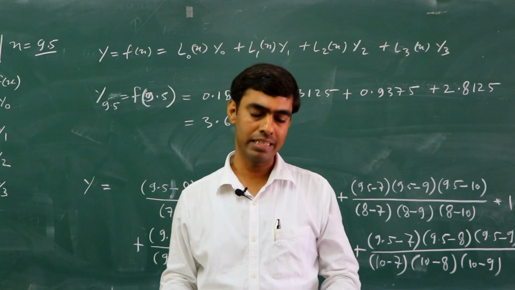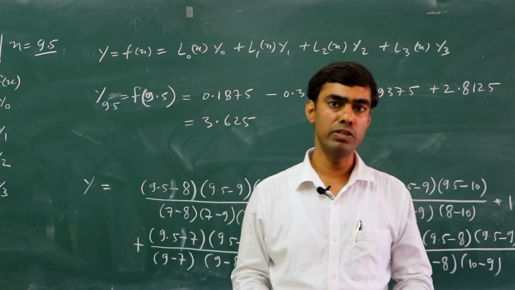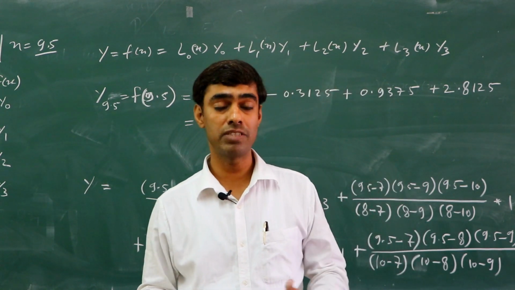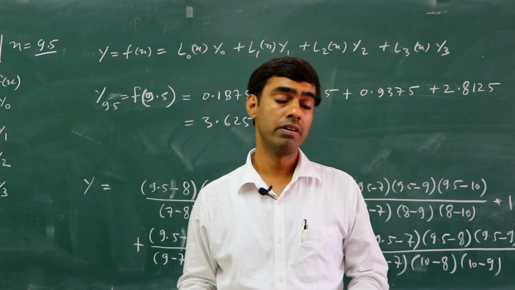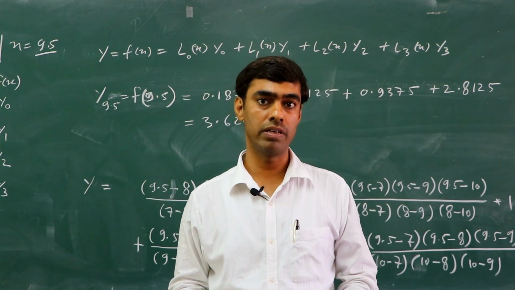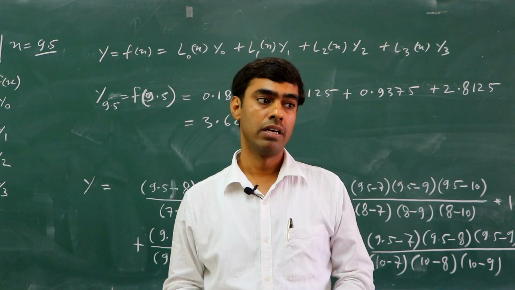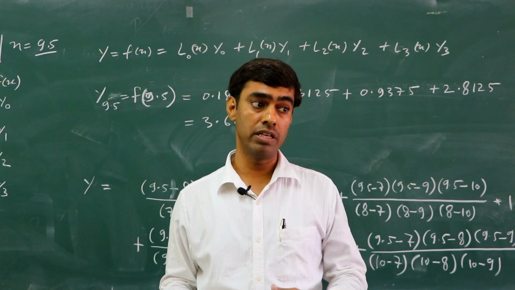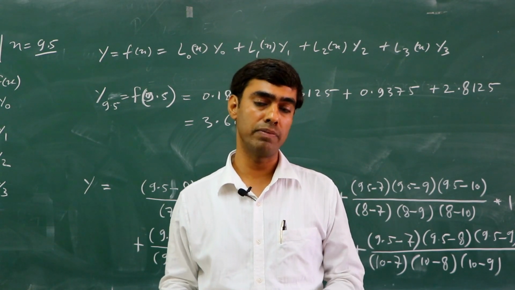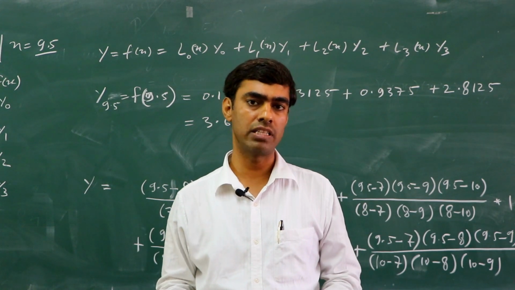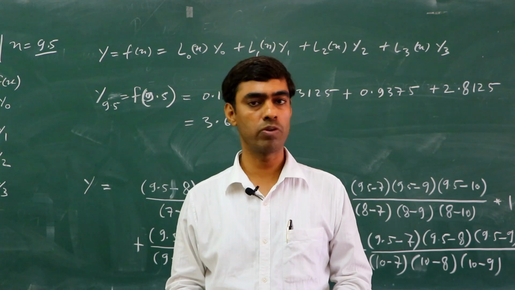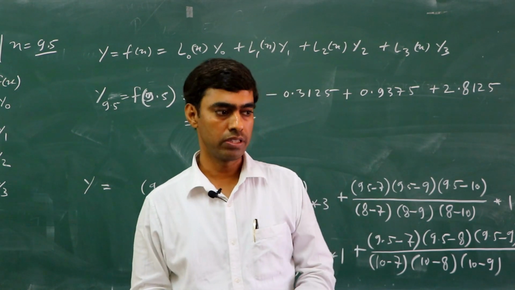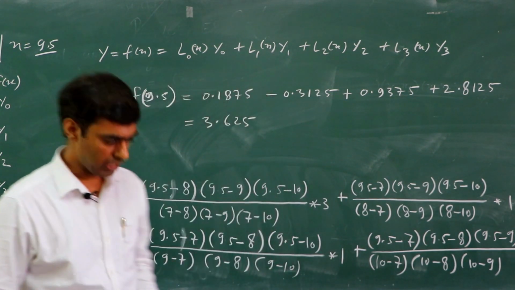Similarly, the Newton divided difference formula is especially derived for unequal class interval, but you may also interpolate the value of y if the data is given for equal class interval.